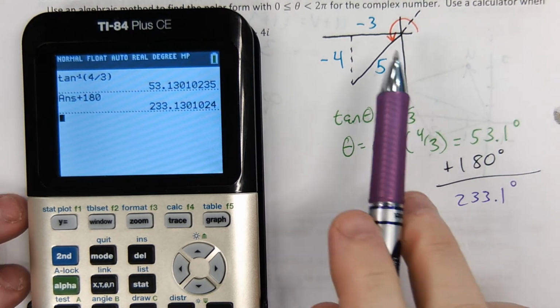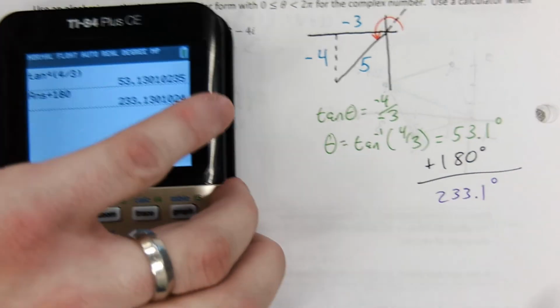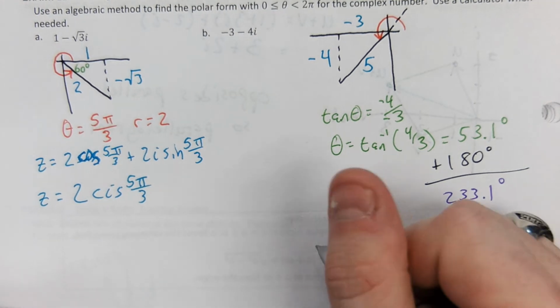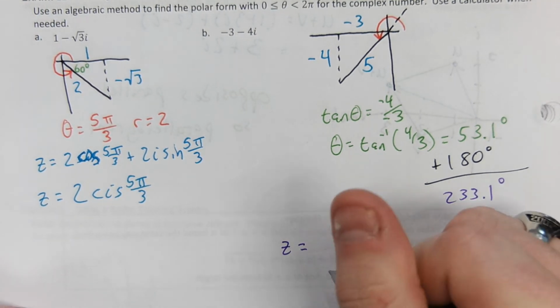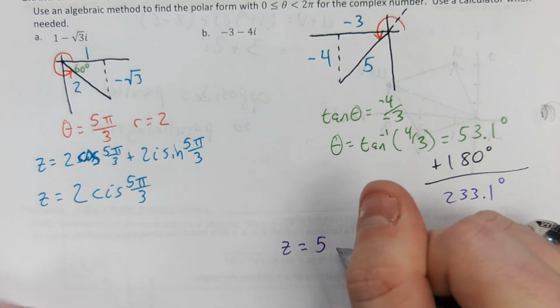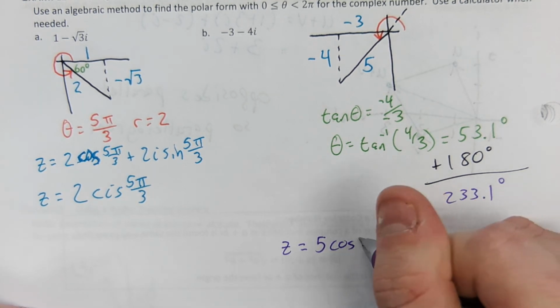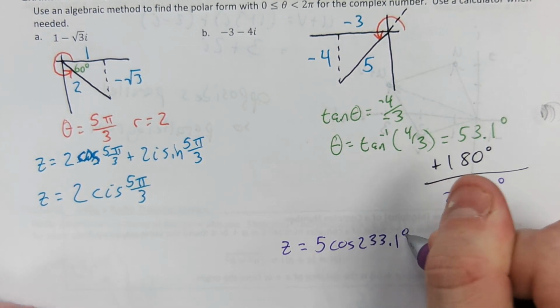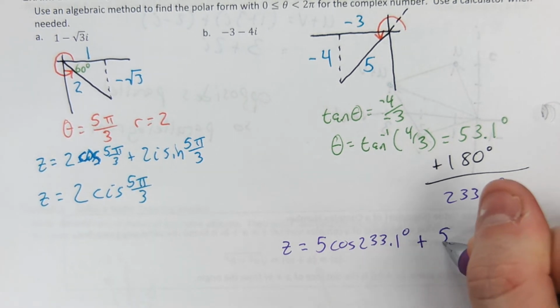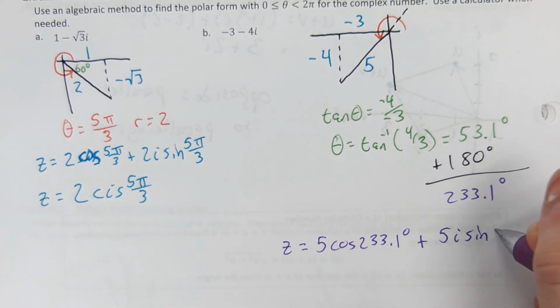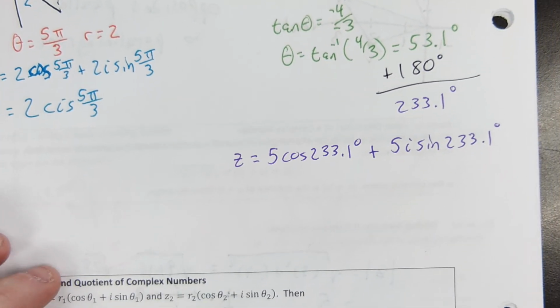We know r, we know theta, we can write it in polar form. There. And again, I prefer CIS.